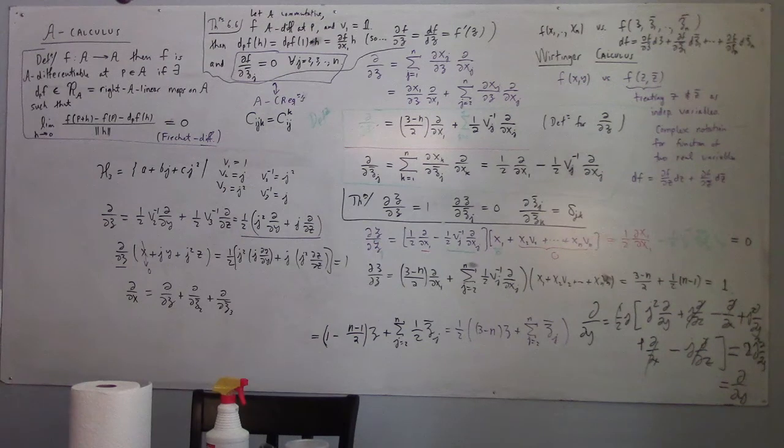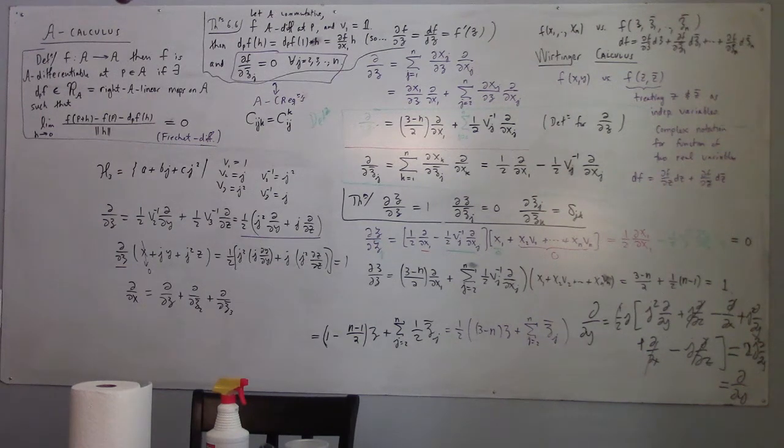That function, f of zeta equals zeta bar 2, has partial f partial zeta bar 2 equal to 1, which is not equal to 0. Therefore, that is an example of a non-A-differentiable function in any algebra of dimension 2 or higher. It's a very general counterexample.